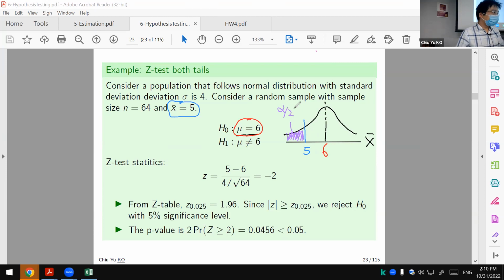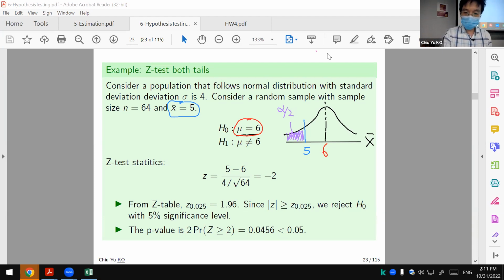Because you don't know left or right, it can be 7, 8, or 4, so you separate alpha into the two parts, assigning it on both sides. Alpha is the type 1 error: even if the null is true, you may still reject it, so it can be on both sides.